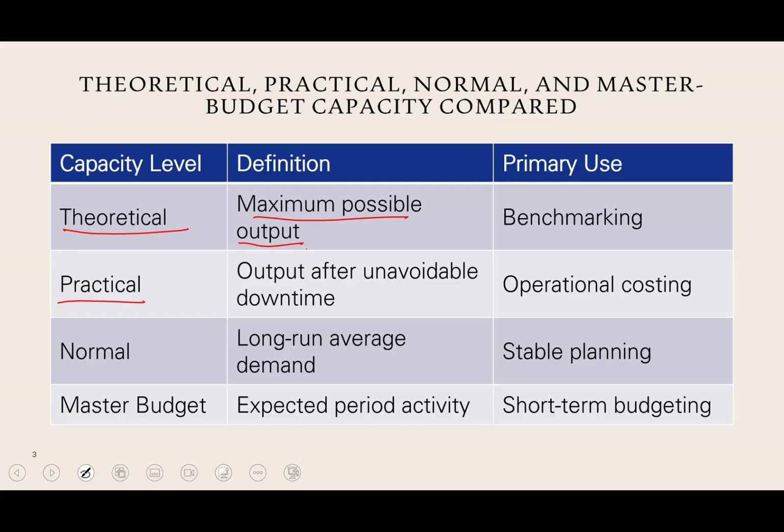Similarly, for companies, it is more practical to allow for bathroom breaks, for shift change, for machine breakdowns, for repair maintenance, power outage, material shortage. All kinds of things can happen, because of which practical is going to be smaller than theoretical capacity.